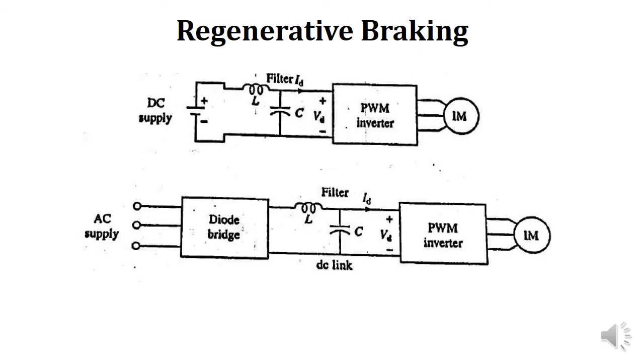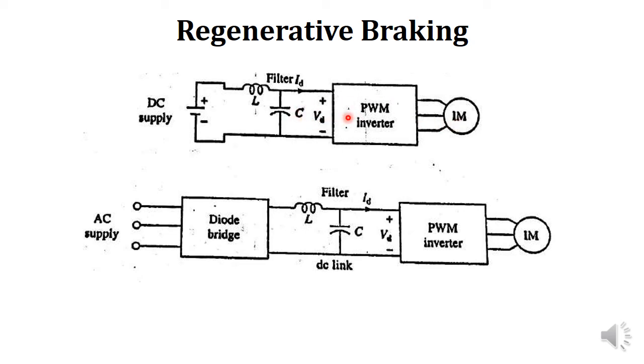Next is regenerative braking. Let's consider these two circuits. In the first circuit, the power supply is a fixed DC supply which is connected to a PWM inverter to feed the induction motor.